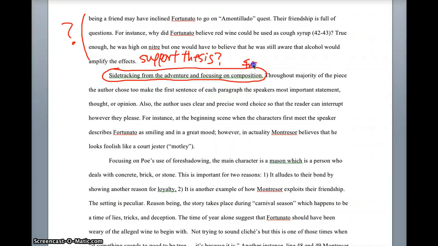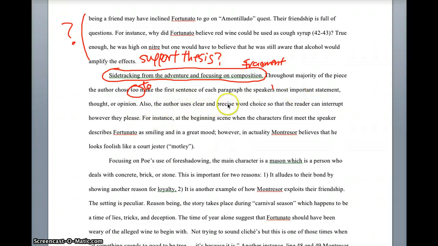Besides being a fragment, there's no subject and verb in there. It makes no sense. Throughout the majority of the piece, the author chose, that should be to make the first sentence of each paragraph the speaker's most important statement, thought, or opinion.